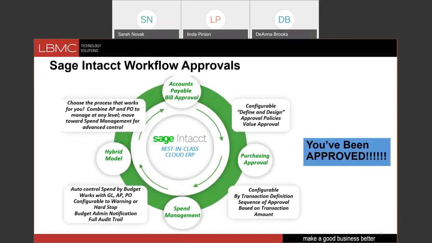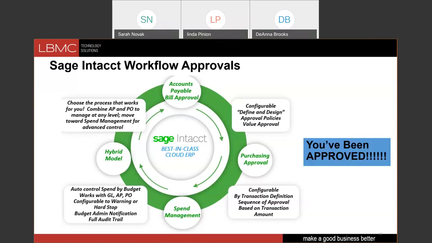Now, before we leave spend management, I just want to share this flow with you because this is really reality. For those of you who may not be aware, accounts payable and purchasing both have the ability to use workflow approvals. So if you are someone who's not using purchasing at all, you can still do bill approval in accounts payable.